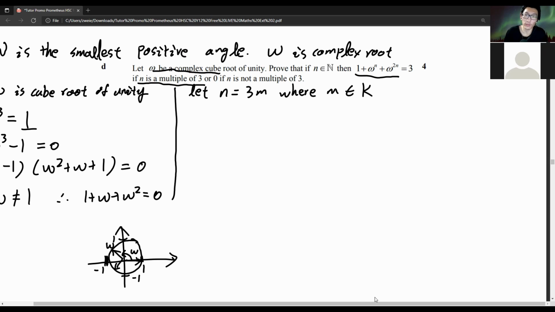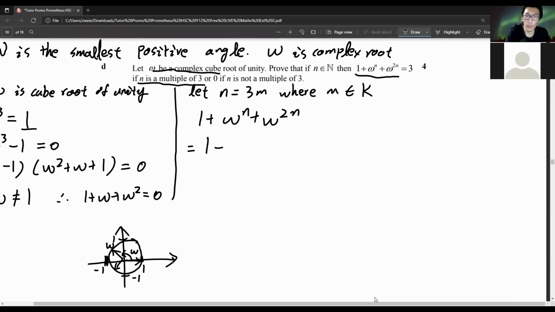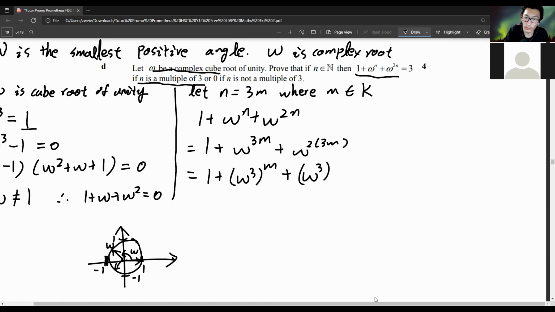Let's start applying this to my formula of 1 plus omega^n plus omega^(2n), okay? I'll get 1 plus omega^(3m) plus omega^(2 times 3m), right? Essentially, by using our indices laws, what I can get is omega cubed to the power of m plus omega cubed again, but now to the power of 2m.